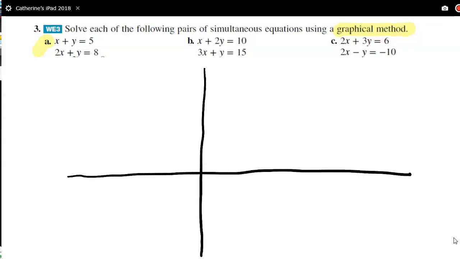Now, these equations are in the intercept form, so that makes life a bit easier for us trying to sketch these graphs. Now remember, you must always label your axes, which is x, which is y, and use appropriate scale. Now, with a ruler you can do things a bit easier.